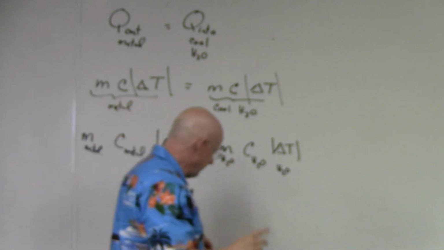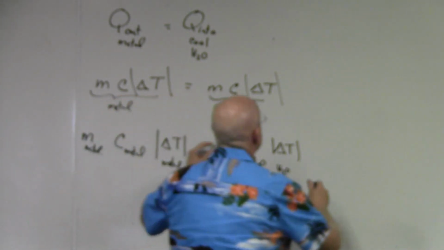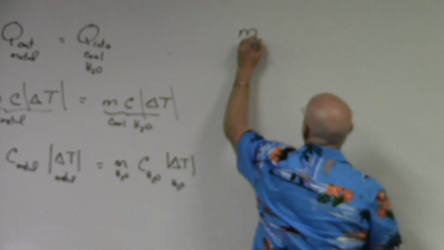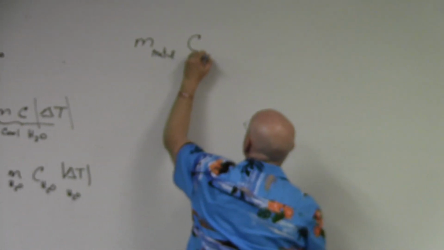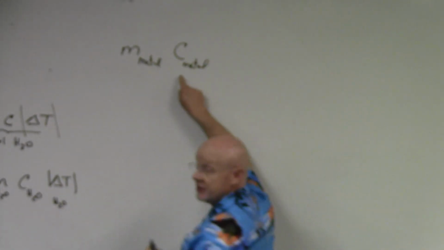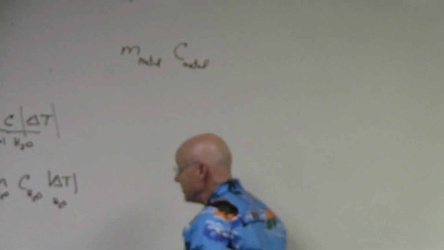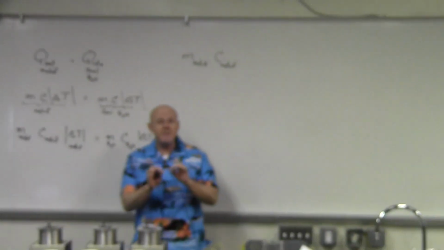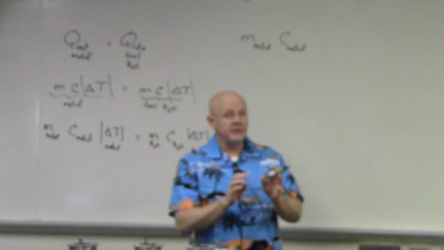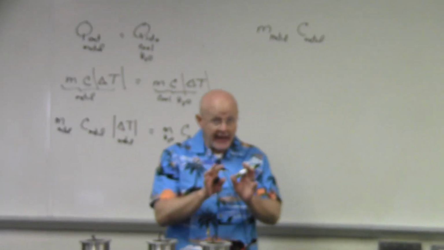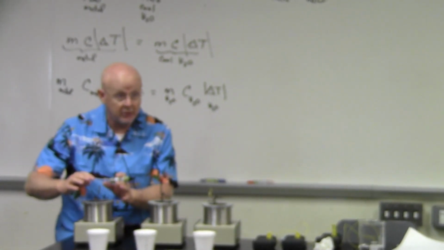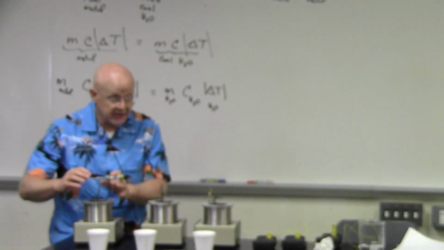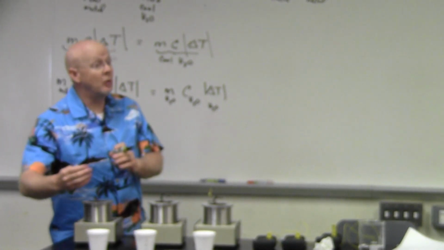Okay, now let me keep going with this. And so I'll put here mass of the metal, so I'll leave that one alone. Here is the specific heat of the metal. Now remember, this is what we're after. Let's talk about the change in temperature of the metal. You see, what's going to happen here is I'm going to take this piece of metal out of the boiling water, so it's 100 degrees, and then I'm going to put it in the cool water.